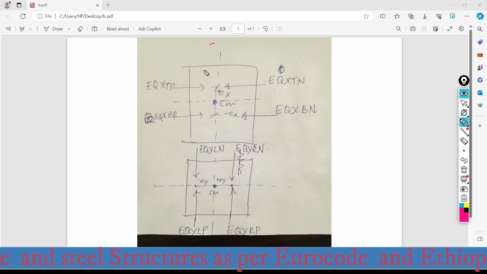Some guys said that 32 linear static or equivalent lateral force analysis load combinations are required, and 32 this is for the equivalent lateral force analysis.